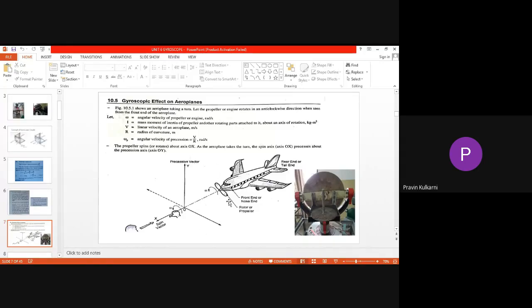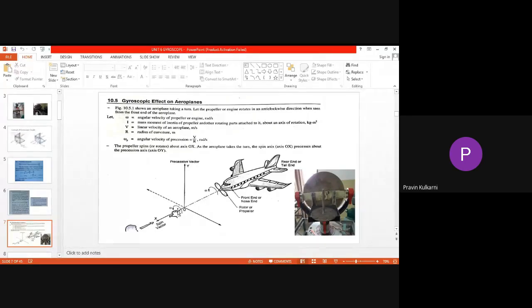Like in this case, we have got a plane which is taking a turn, either left or right. So what you do, now looking from the front, you have got the spinning taking place in anti-clockwise direction. So you have to adjust your fingers accordingly.